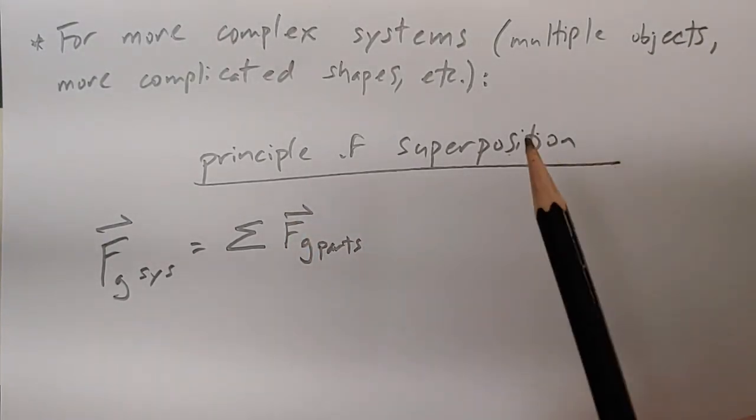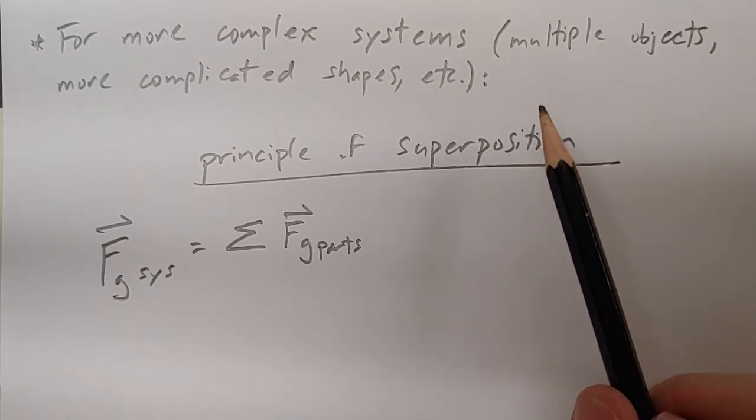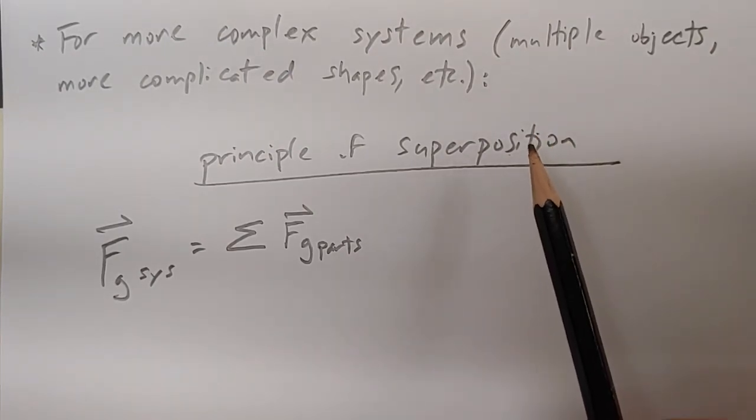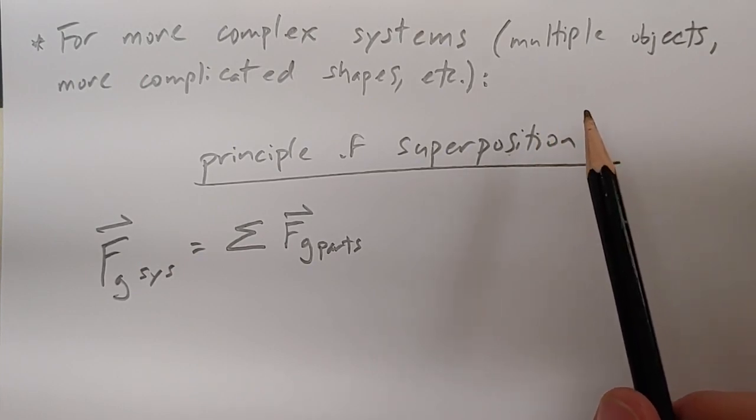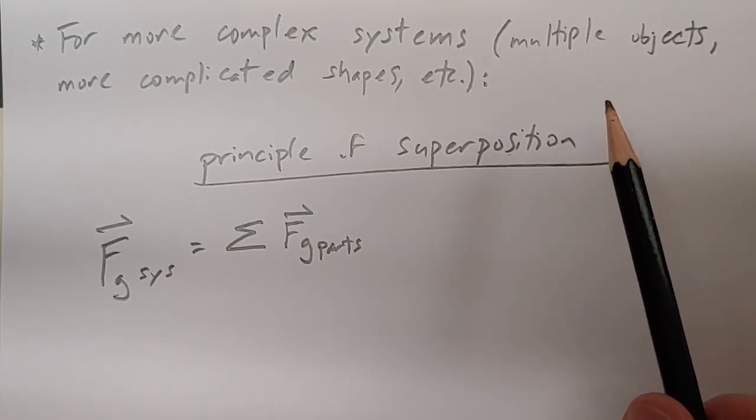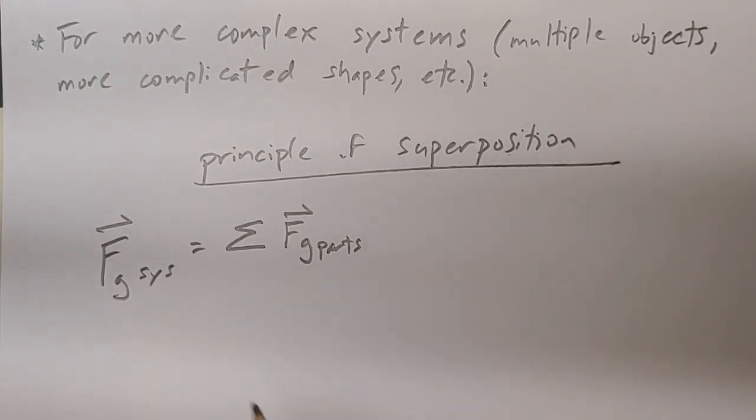So if you have an object made up of two or three spherical shells, then you can just take the force of gravity of all of them and just add it up. And that'll tell you what the total force of gravity from that entire system is.